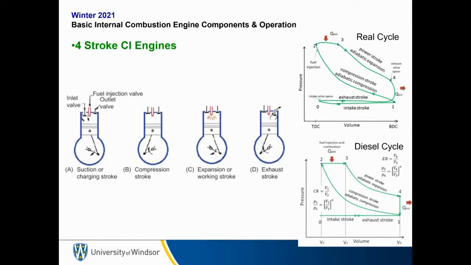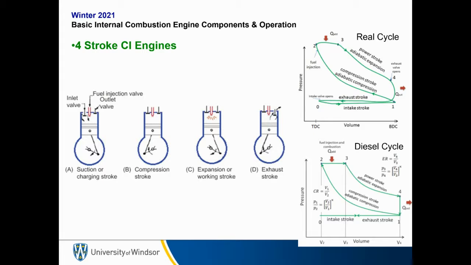So we still have our intake stroke, we still have our adiabatic compression stroke, but the heat from combustion is assumed to happen at constant pressure. So basically we have a difference between constant volume heat addition versus constant pressure heat addition. We then still have the rest of our power stroke and adiabatic expansion, and then we have our heat loss and exhaust stroke.